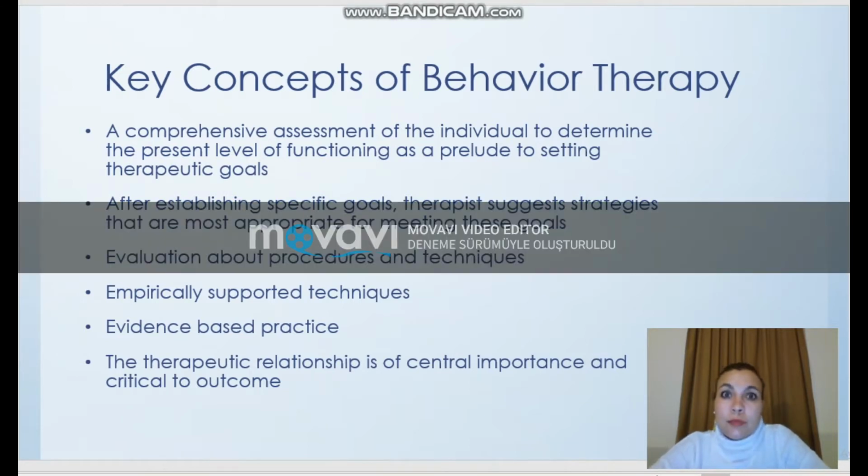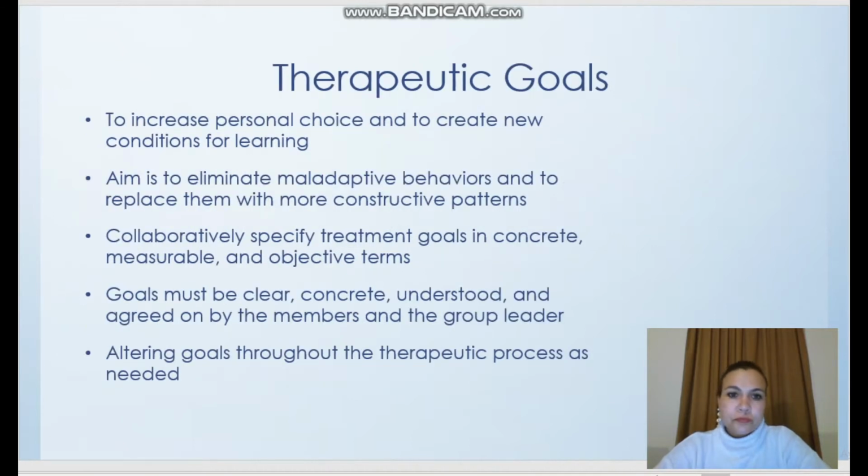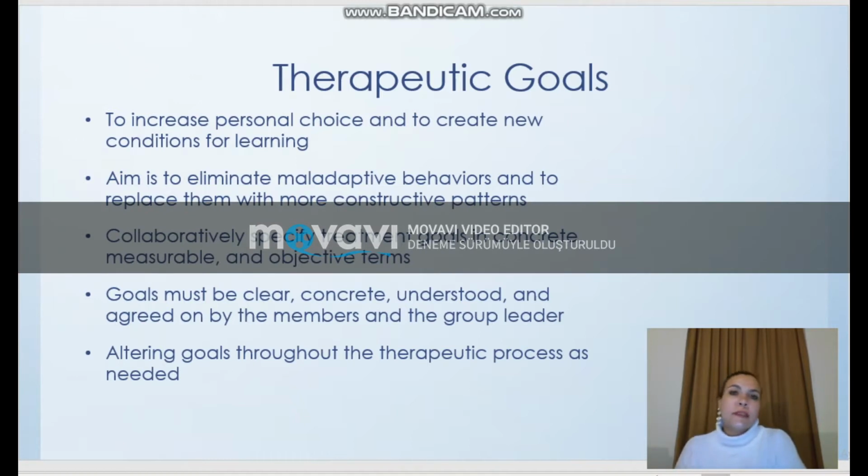So we are establishing specific goals if we are following behavior therapy. They are empirically supported techniques, and the therapeutic relationship is of central importance and critical to outcome. As therapeutic goals, behavior therapy aims to increase personal choice and to create new conditions for learning.